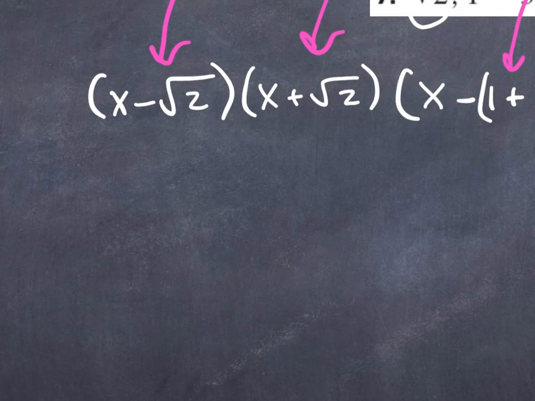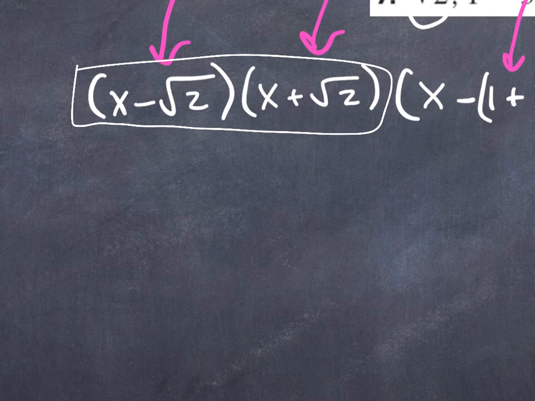So let's start here. We're going to multiply these two out. So what should we do? So these are conjugates.